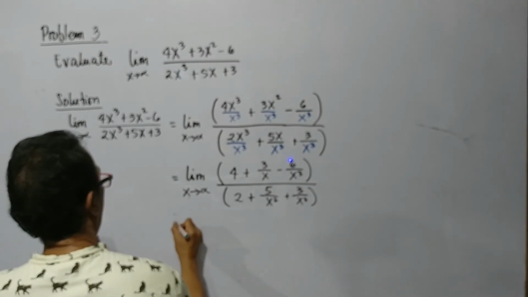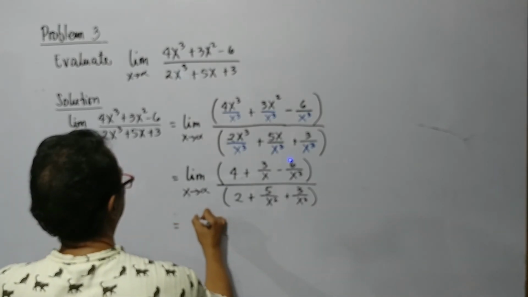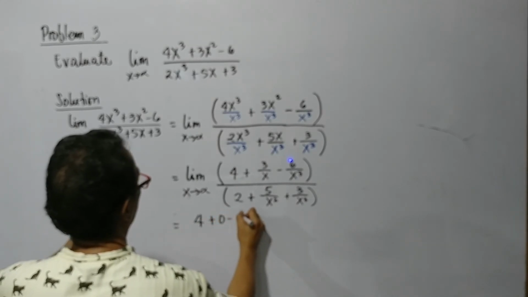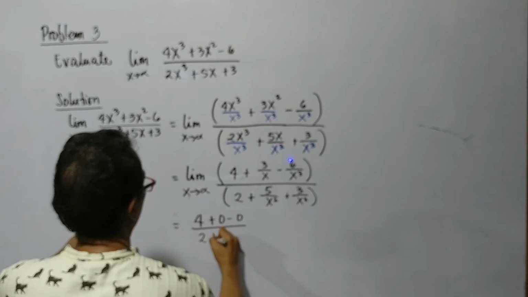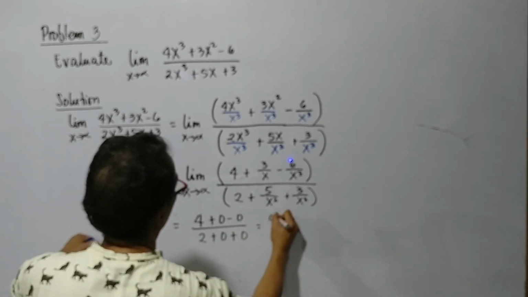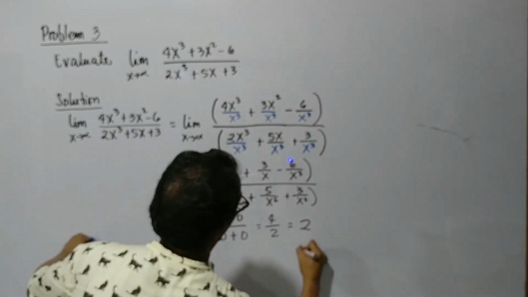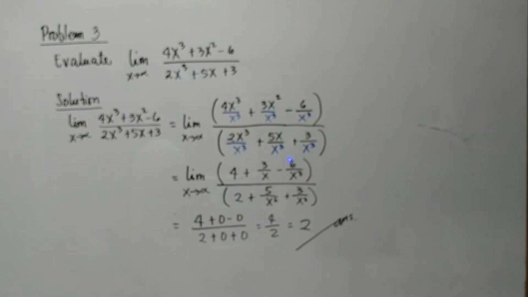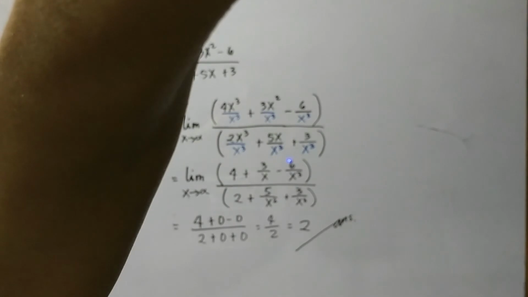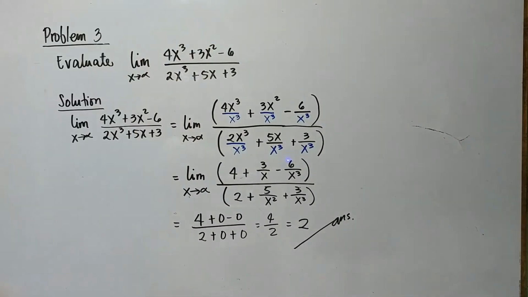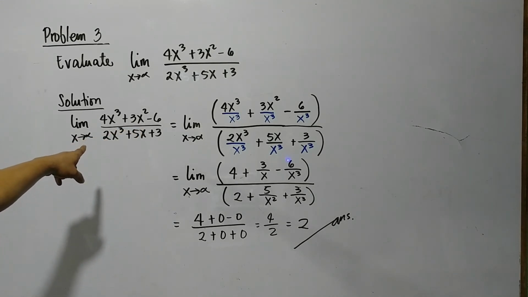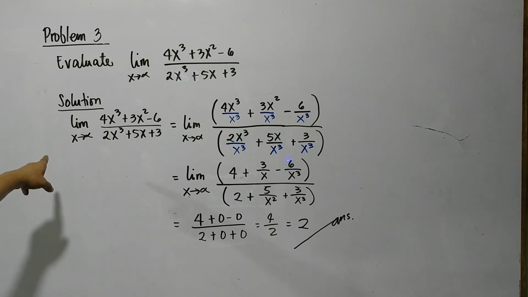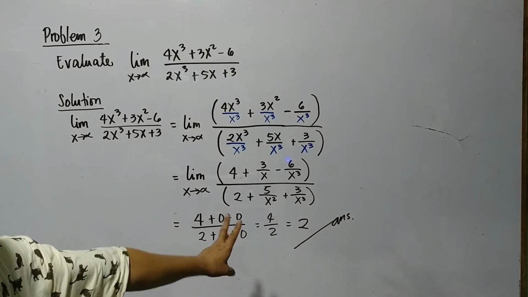applying the principle we have now. So for the limit of 4x cubed plus 3x squared minus 6 all over 2x cubed plus 5x plus 3 as x approaches infinity, we arrive at an answer of 2.